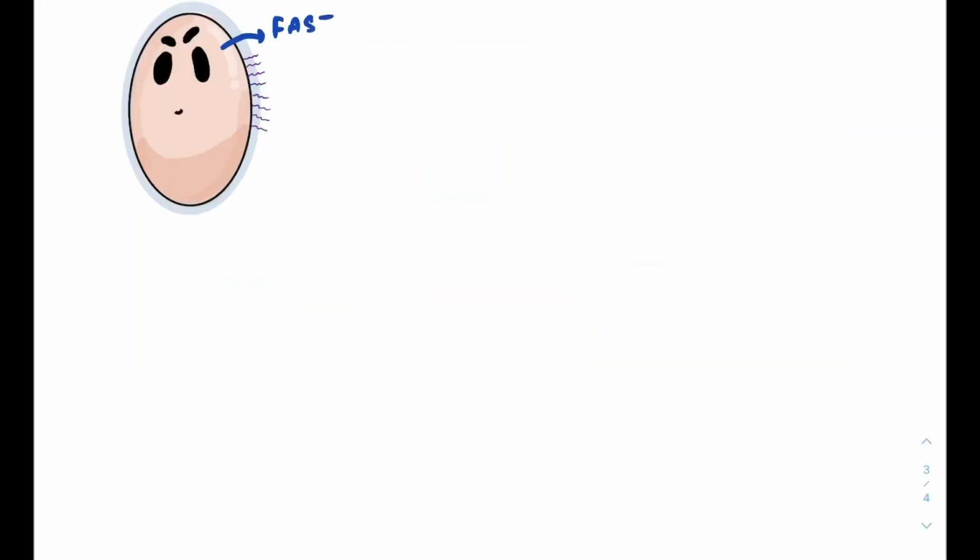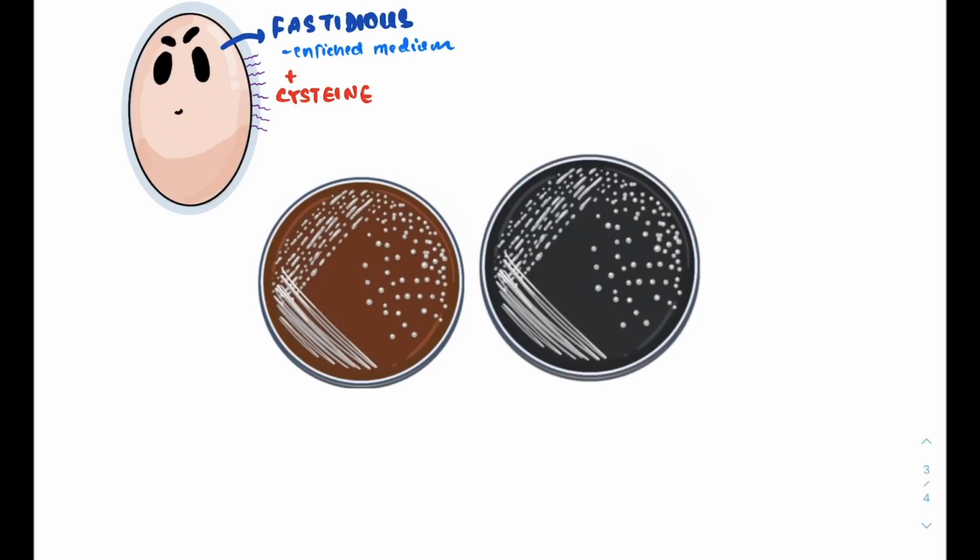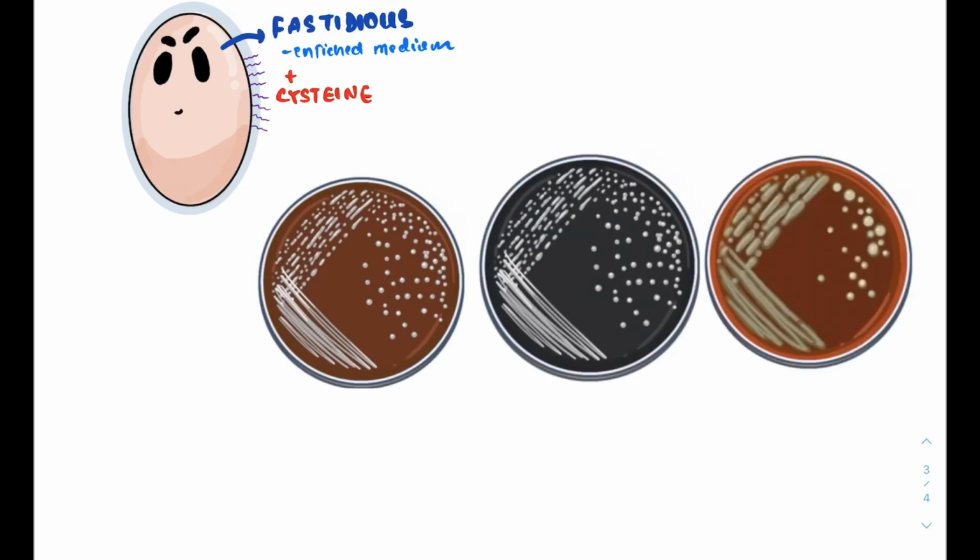The culture of Francisella tularensis. This is a fastidious bacteria, meaning it requires enriched media, especially cysteine enriched medium. We have three types of medium: chocolate agar, BCYE agar, and CHAB agar.